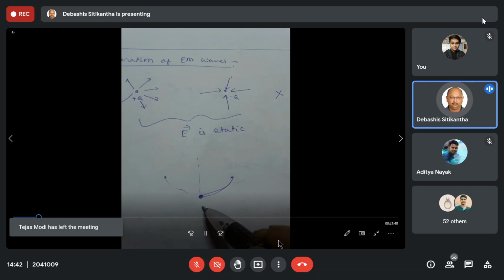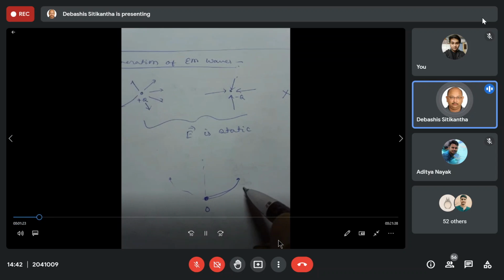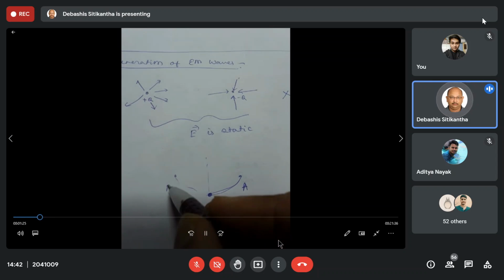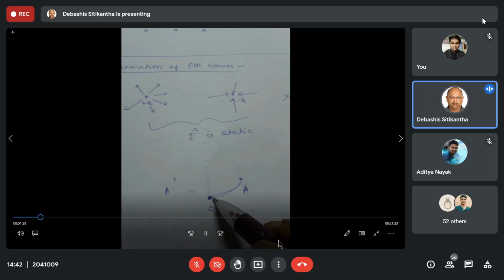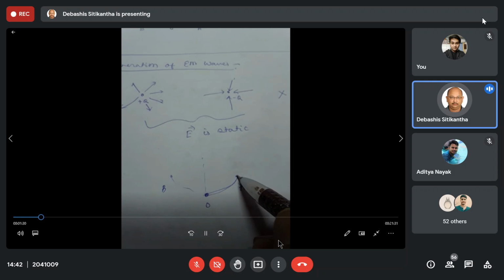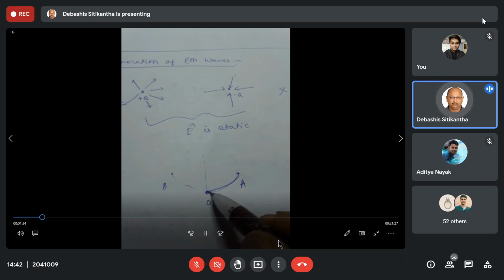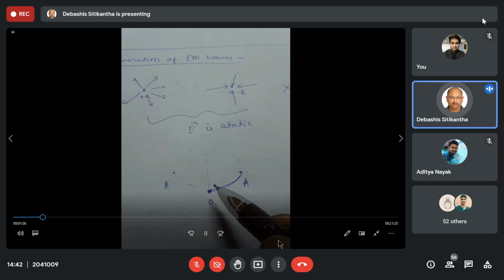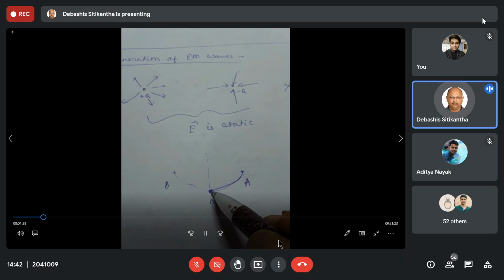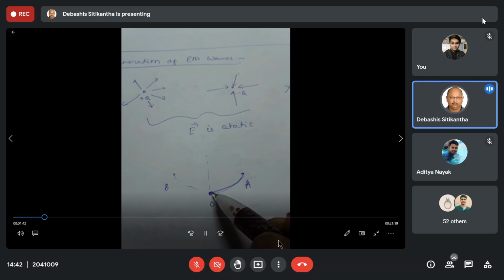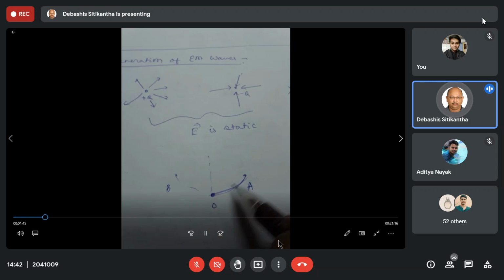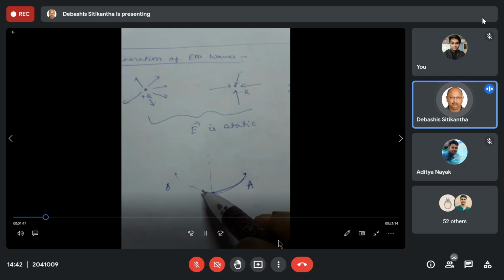Let us say this is the equilibrium point O, this is one extreme point A, this is the other extreme point B. Now if the charge is over here and it moves in this path, it is accelerating, and because of this it is going to gain an increasing amount of speed. So the speed is changing with respect to time. Secondly, its direction is also changing.